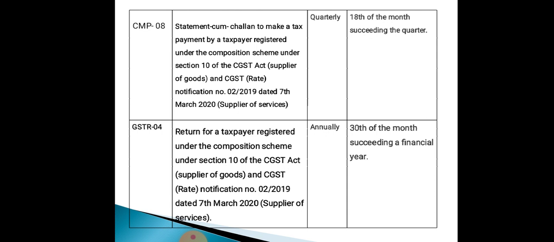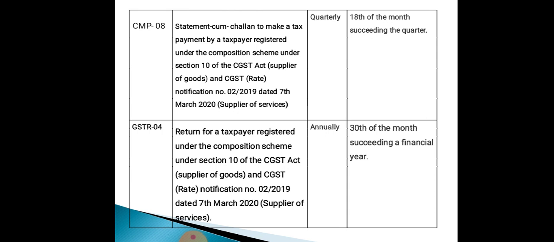Next, GST return 4. This is the return for a taxpayer registered under the composition scheme under section 10 of the CGST Act, supplier of goods, and CGST rate notification number 2/2019 dated 7th March 2020, supplier of service.